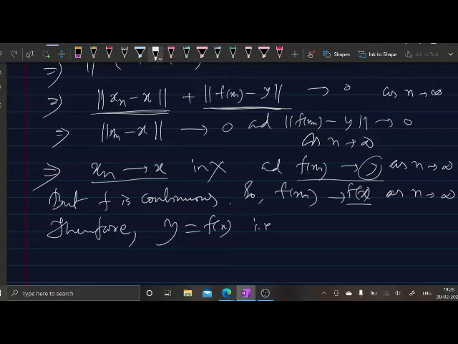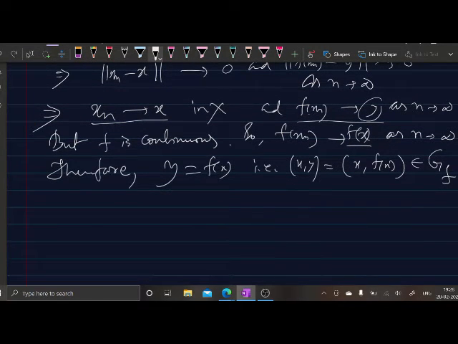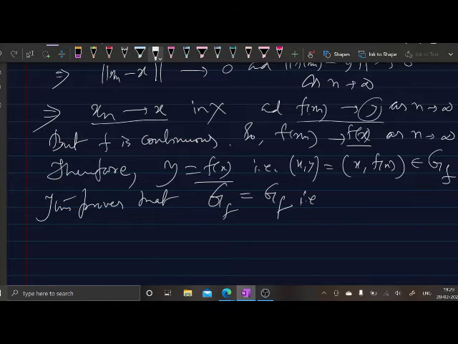So that means the point (x, y) looks like (x, f(x)). So therefore, it is in the graph of the map. So this proves that the closure of G_f coincides with G_f, that is, G_f is closed.